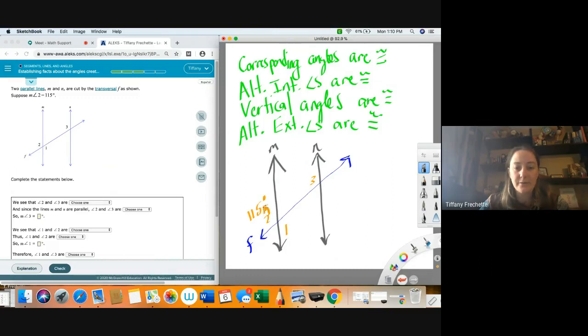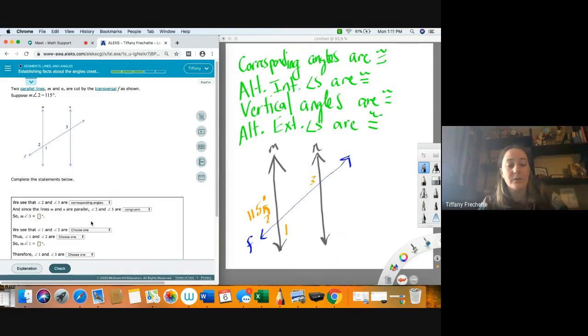All right, so the first thing it says is 2 and 3 are, and I can see that 2 is on the top of the blue line to the left of the parallel. 3 is also on top of the blue line and to the left of its parallel. So from what we've practiced, I know that is a corresponding angle. And corresponding angles are always congruent. So 3 must be equal to 115.